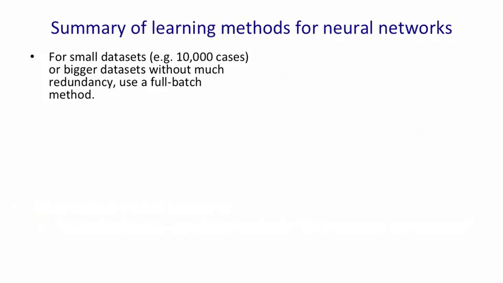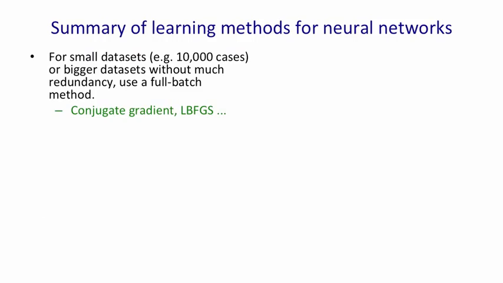So a summary of the learning methods for neural networks goes like this. If you've got a small data set, say 10,000 cases or less, or a big data set without much redundancy, you should consider using a full batch method. There are full batch methods adapted from the optimization literature, like nonlinear conjugate gradient, or LBFGS, or Levenberg-Marquardt.